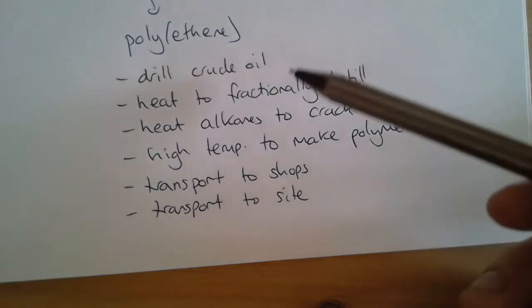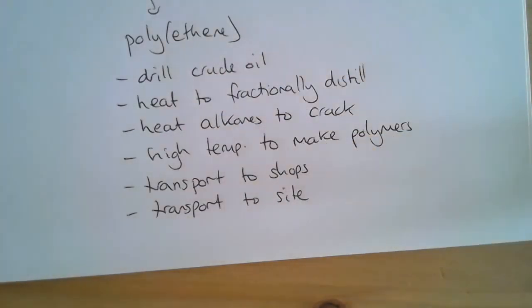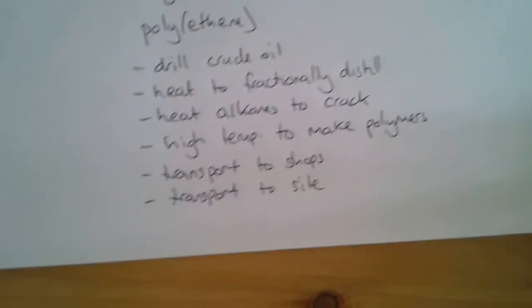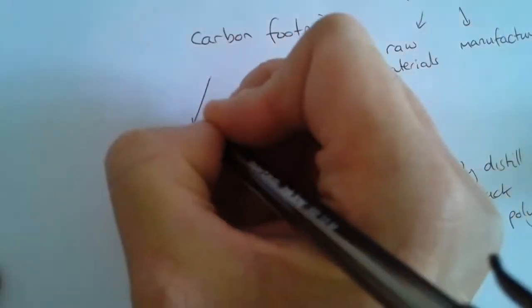Now, every single one of these parts of the process uses energy. And any process that uses energy is going to potentially release carbon dioxide and other greenhouse gases into the atmosphere. And that's a really important point.